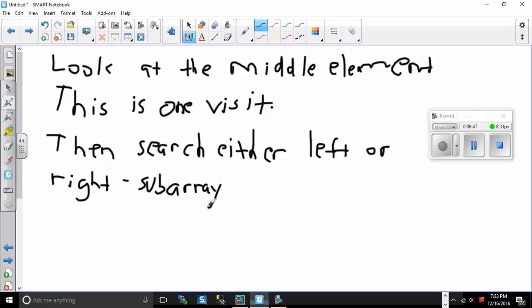For instance, here's our array of size n. We sort it, and then we determine that the element we seek is in this particular subarray.